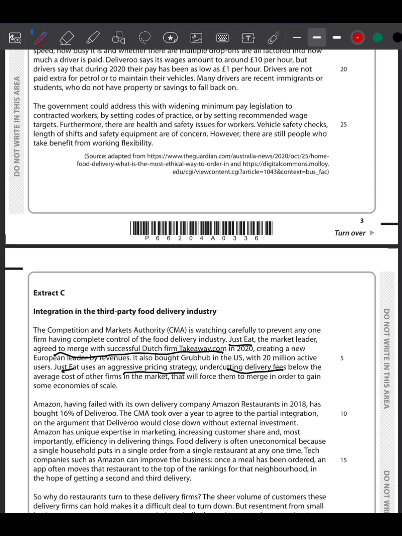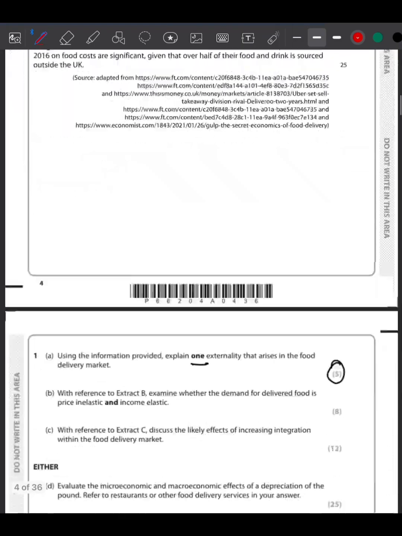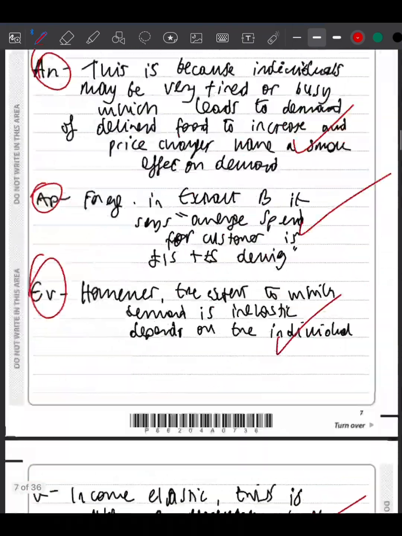However, if the merged firm suffers from diseconomies of scale, consumer prices may be higher because they would have to pay more. Therefore, the demand for delivery food may fall. So that would be your evaluation too.